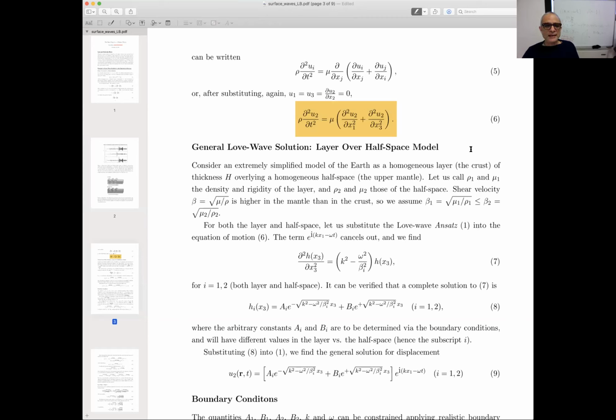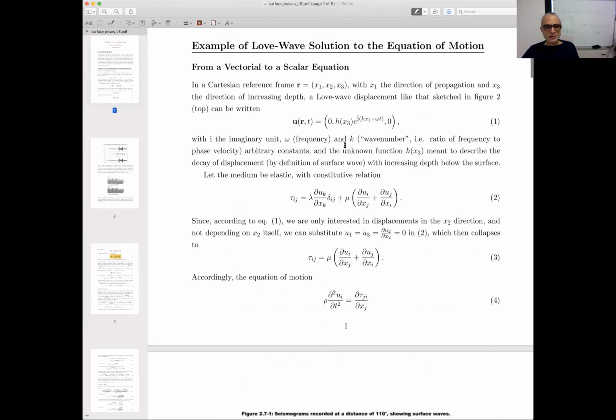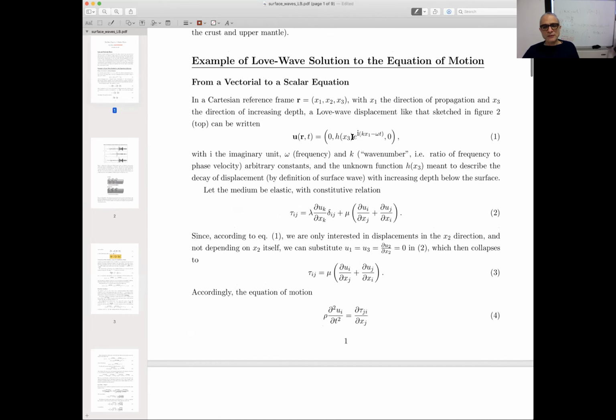And if you do that, you have an exponential here, right? So the derivative of the exponential is the exponential itself multiplied by the factor that multiplies whatever variable you are differentiating against.